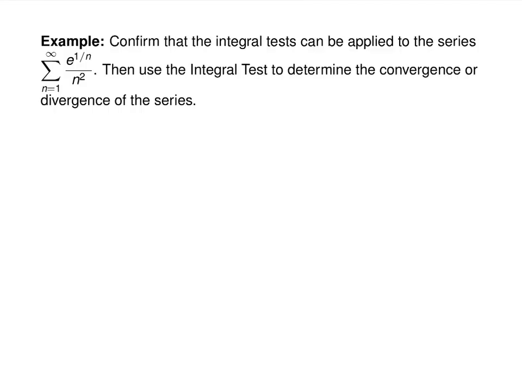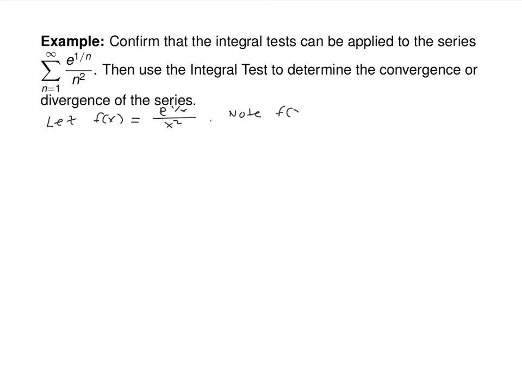Okay, confirm that the integral test can be applied to this series. And then let's use it to determine the convergence or divergence. So first, let's define our function, e to the 1 over x squared.